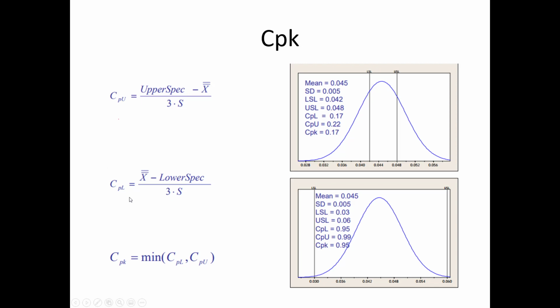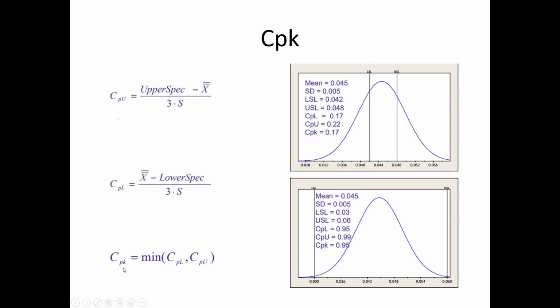Now CPL is the lower process capability index, and CPU is the upper one. For CPL, the formulation is different from this one: X double bar minus lower specs divided by 3 sigma. So when you calculate this, you will get CPL 0.17. Now we want to calculate Cpk.